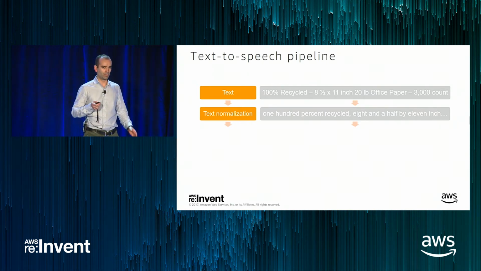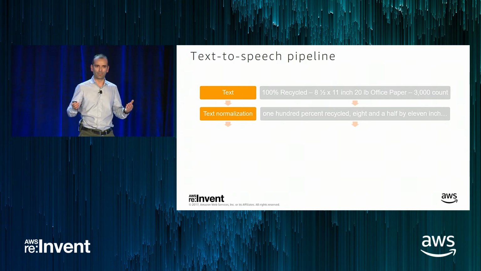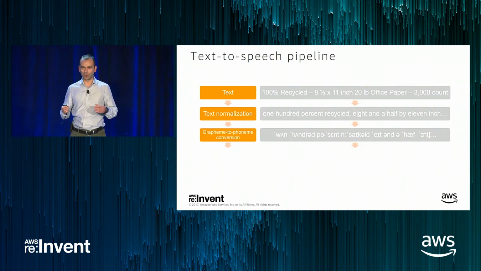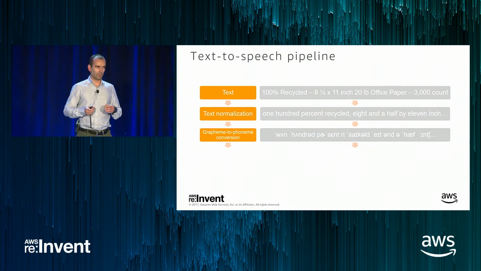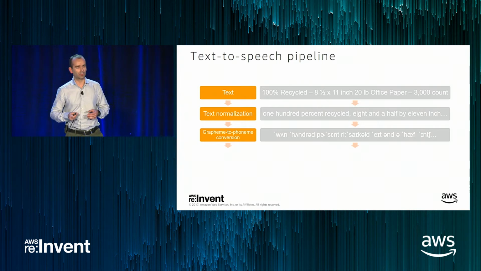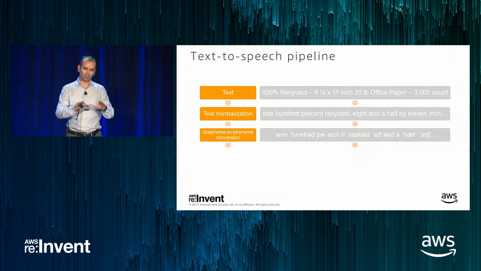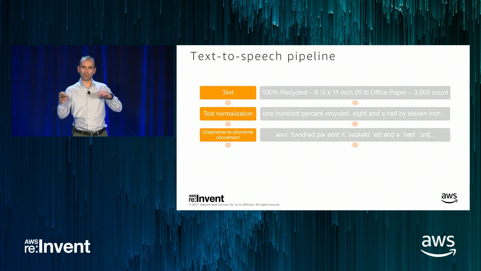And based on those words and the relations between those words, the system generates, well, it's not only a phonetic transcription, it's a lot more than that. You can call it a linguistic representation of speech. It breaks words into phonemes, but it also takes into account many relations between these phonemes and between words.